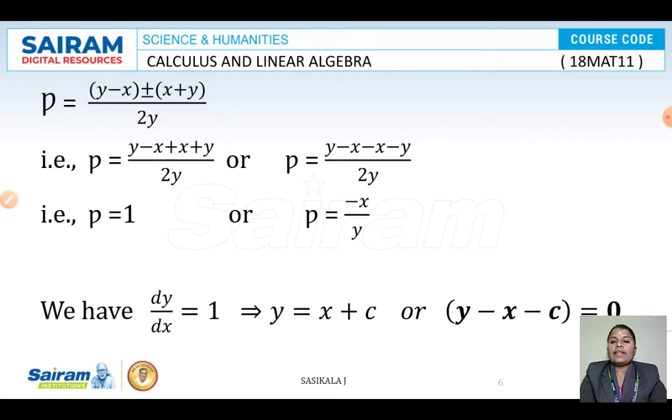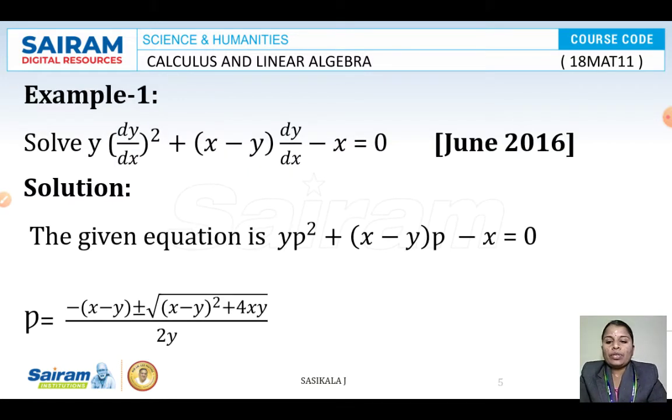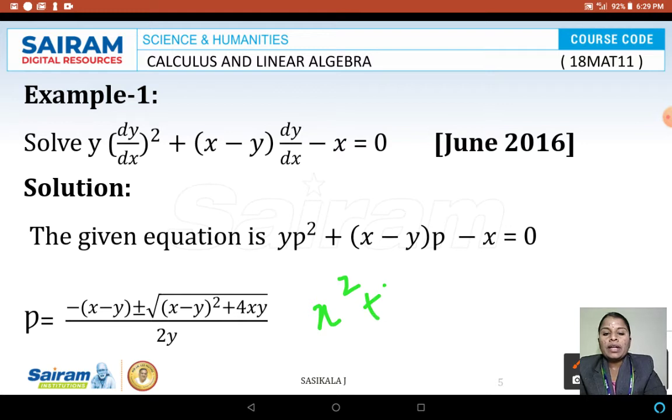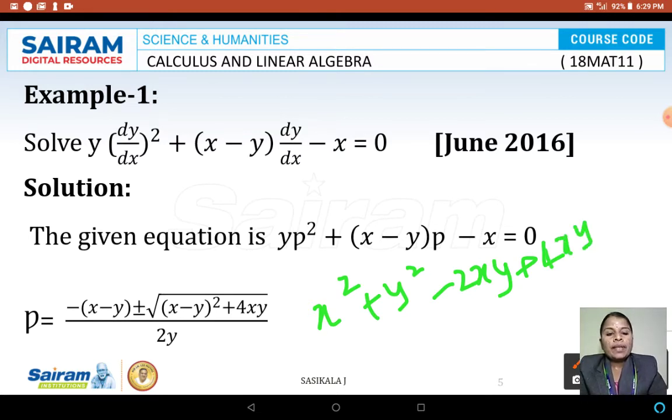Now you can simplify. In the square root, (x minus y) whole squared is x squared plus y squared minus 2xy, plus 4xy, which becomes x squared plus y squared plus 2xy.